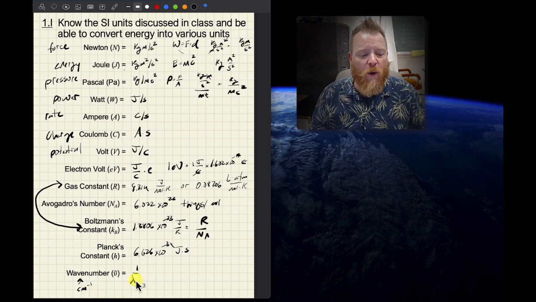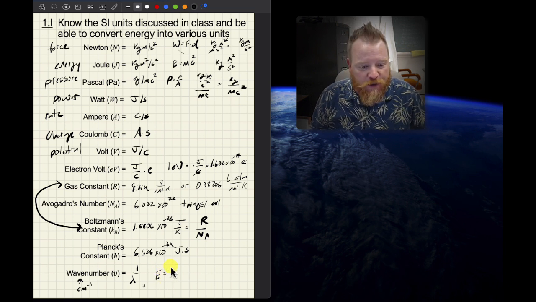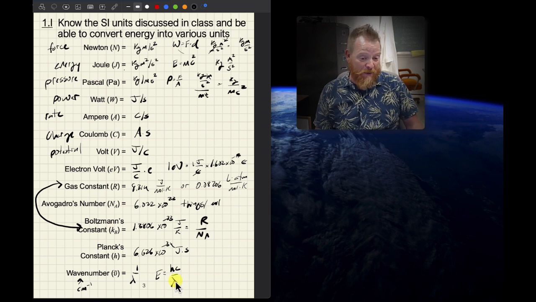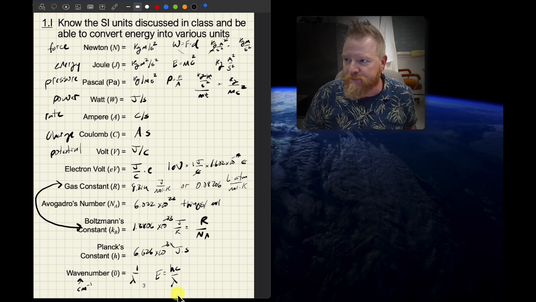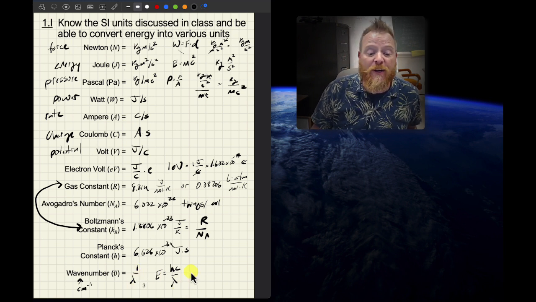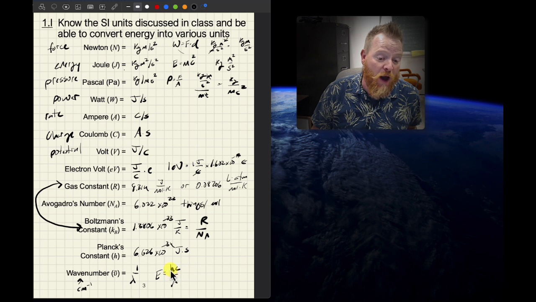There's a simple way that we can calculate wave number with the following relationship. Hopefully you remember this equation, E equals hc over lambda, again from your intro physics or intro gen chem. The wave number is 1 over lambda, so if we divide both sides of this equation by the product hc, that will give us the wave number.